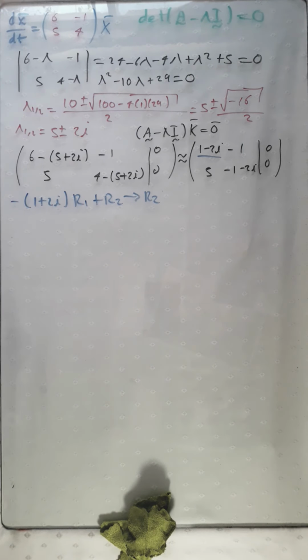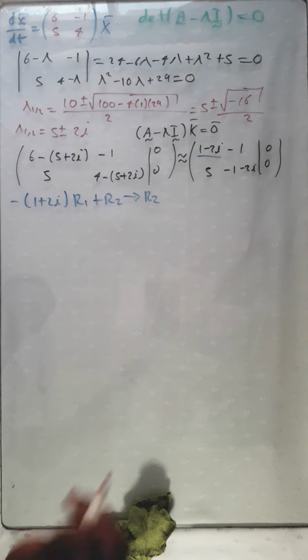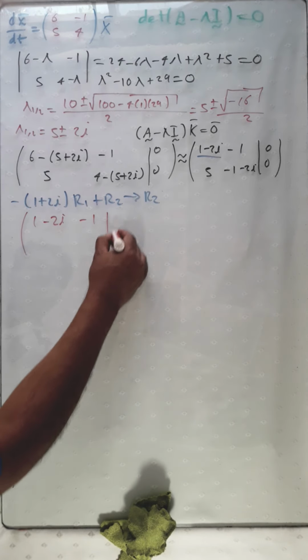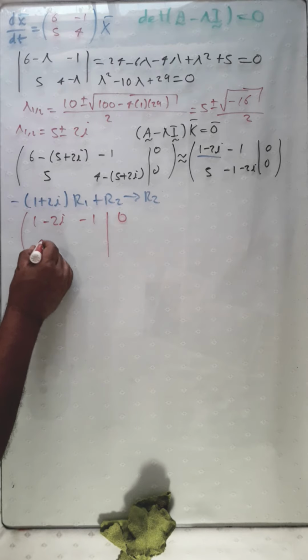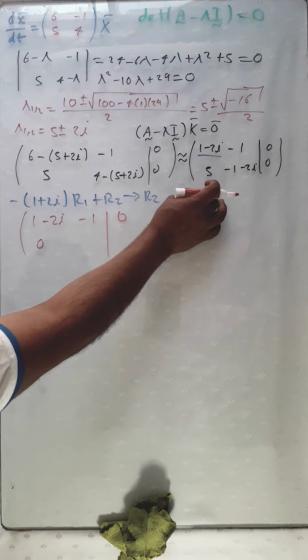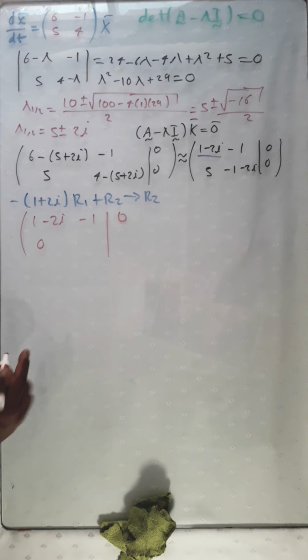Okay, so what is the result of that? Check that we are making the steps with imaginary numbers. So we have 1 minus 2i, and then minus 1, 0. And here is going to be 0 because the multiplication of this times this is minus 5 plus 5, 0. Now check this out.